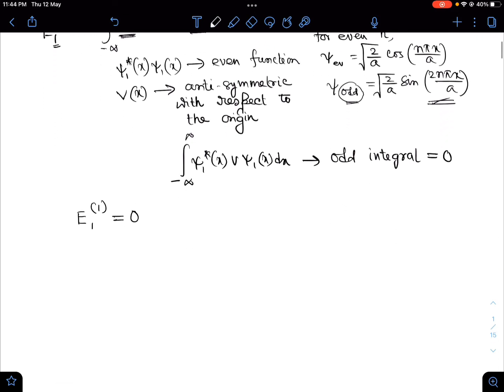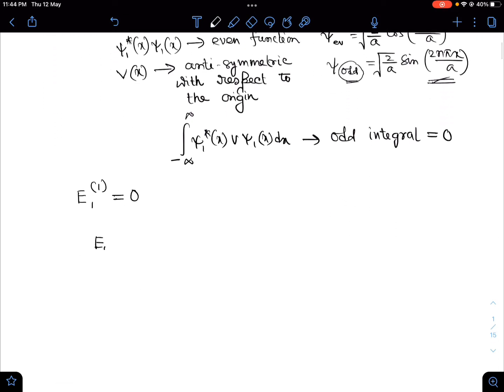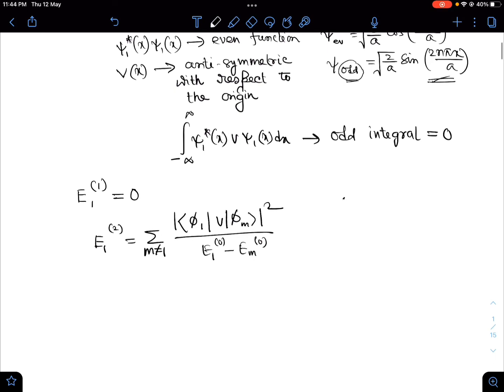For second order perturbation, the energy correction is defined by this formula. What do the terms signify? This psi1 is our ground state. This V is our perturbation, as we know.